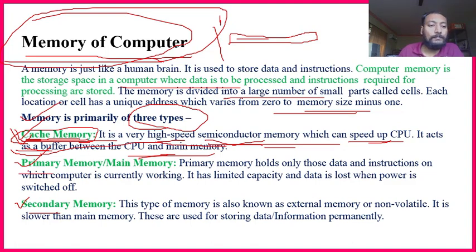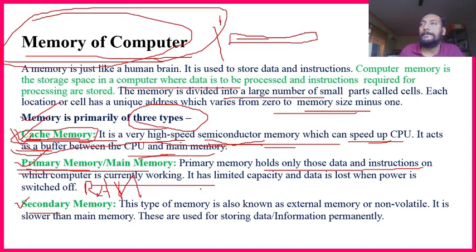Next, understand the primary memory. Primary memory is also known as RAM. It means random access memory. What is random access memory? It holds the data and instructions the computer is currently working on. When I turn on my computer, it starts from there, until I turn it off.